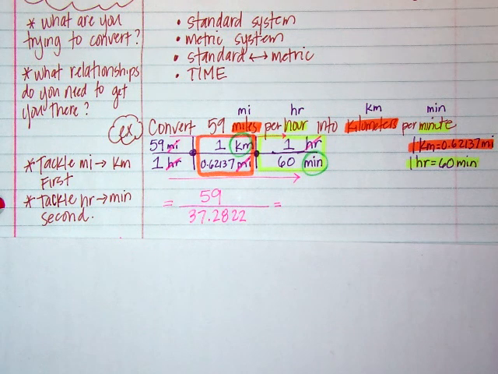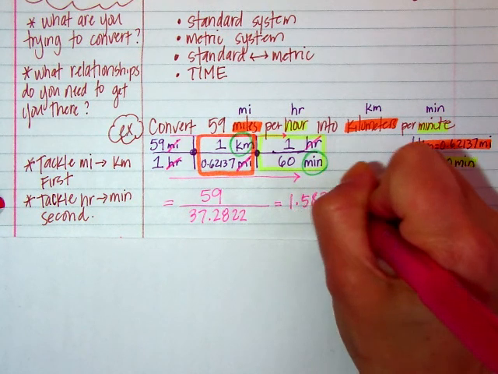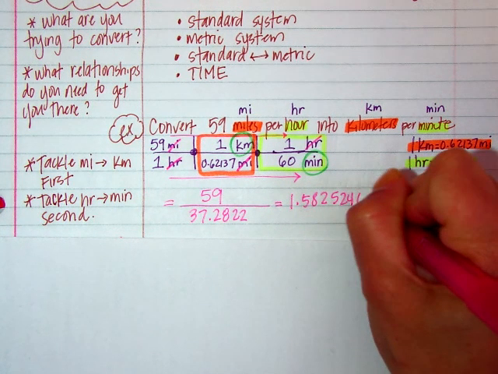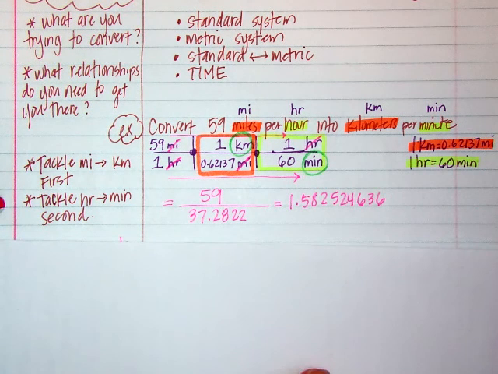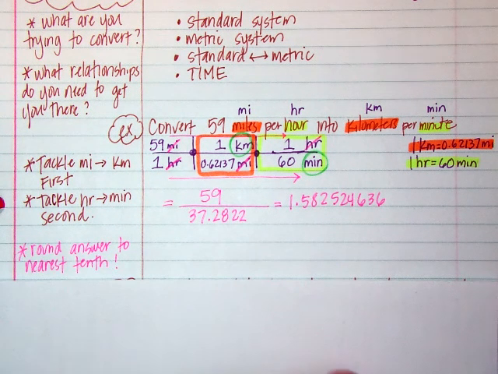Now let's divide those two. If I take my calculator and I'm going to divide 59 by 37.2822, I end up getting 1.582524636, which is insanely large. Too many numbers. So, just like before, please round your answer to the nearest tenth.